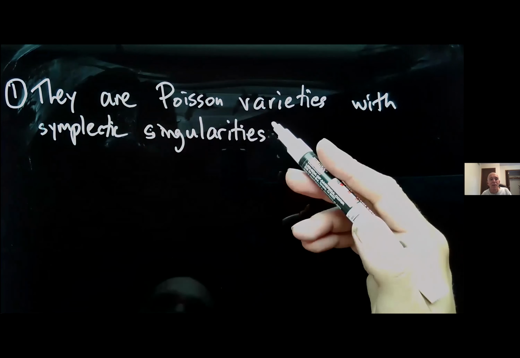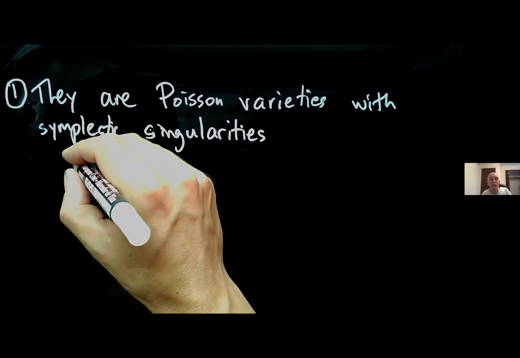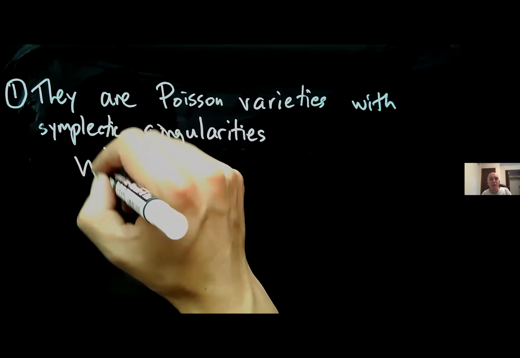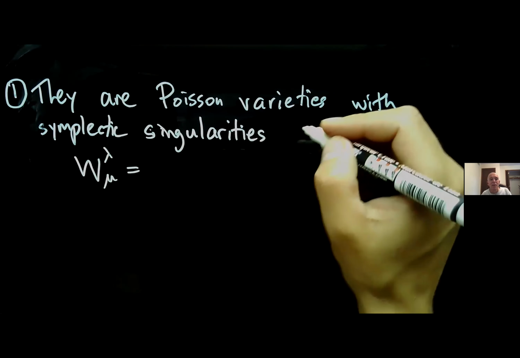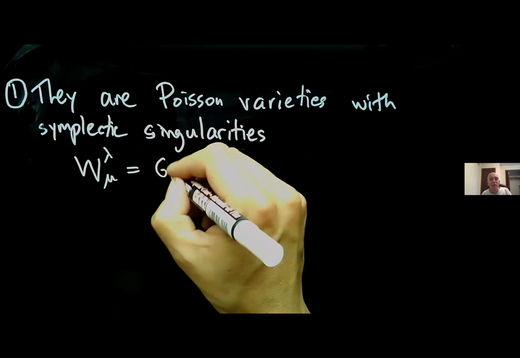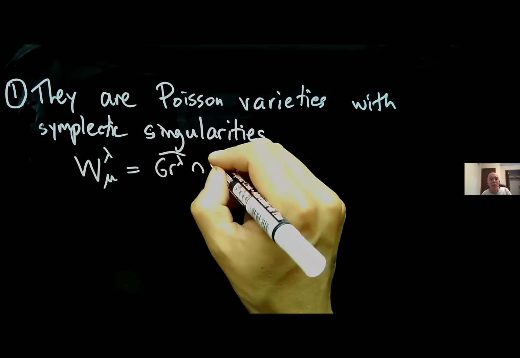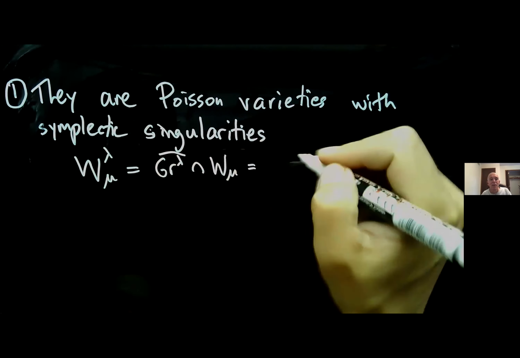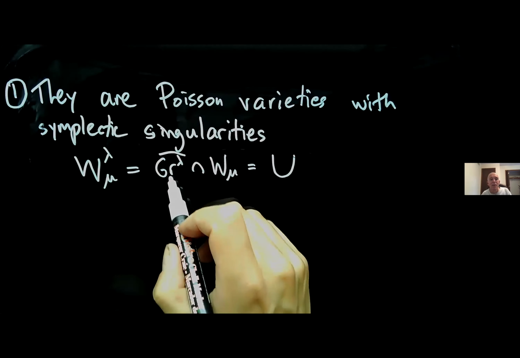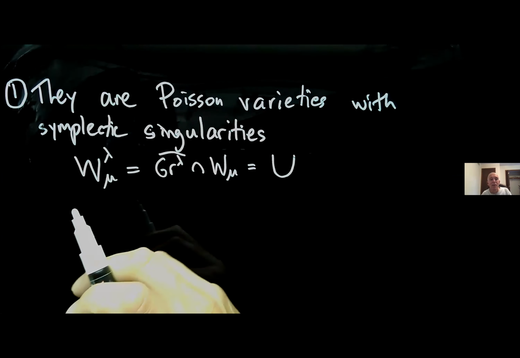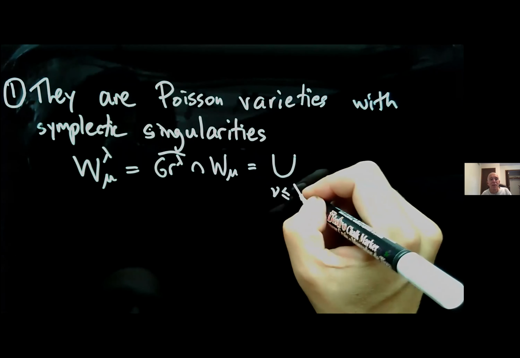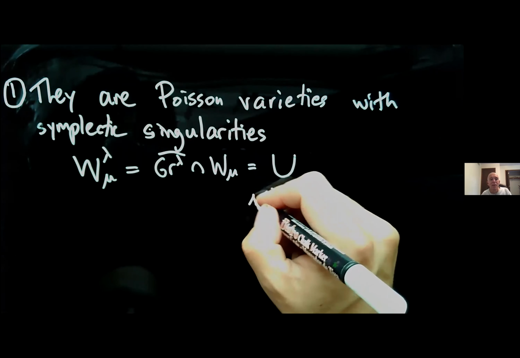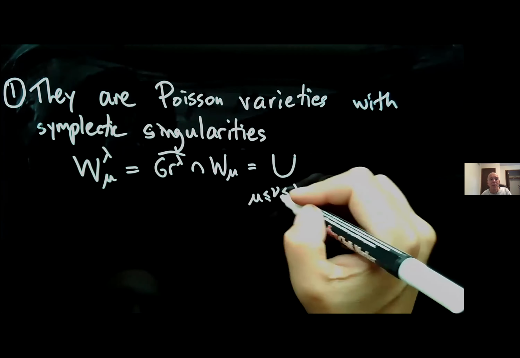The symplectic leaves are simply the smaller pieces. It's easy to write the definition. So recall that this thing was the intersection, lambda bar intersect W mu. And this lambda bar itself is the union of smaller nu, where nu is smaller than lambda. And if we want to have non-zero intersection with mu, then it should also be bigger than mu.